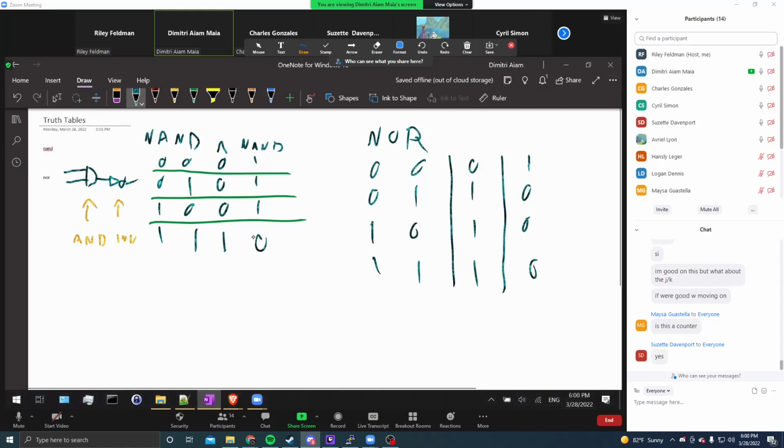You don't have to do this step, you can just jump, but you just see, this is the OR, and then this is the NOR. Don't draw this on the test. Draw this in your head, because if you draw this, you will probably lose a point, saying, "I didn't ask for this." It's just for visualization purposes.